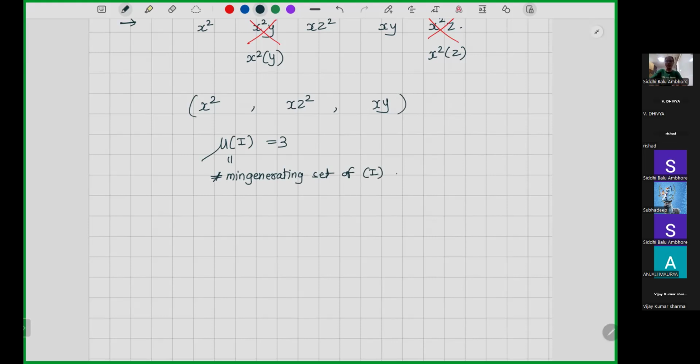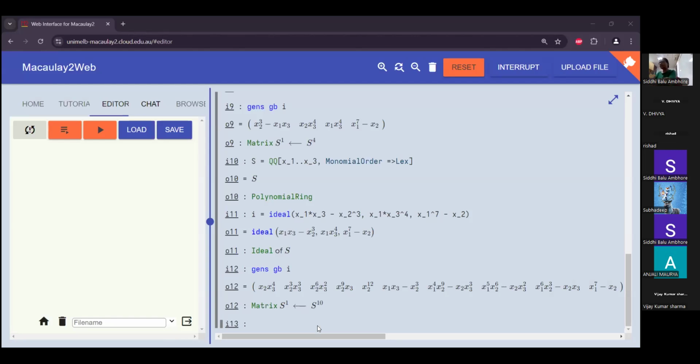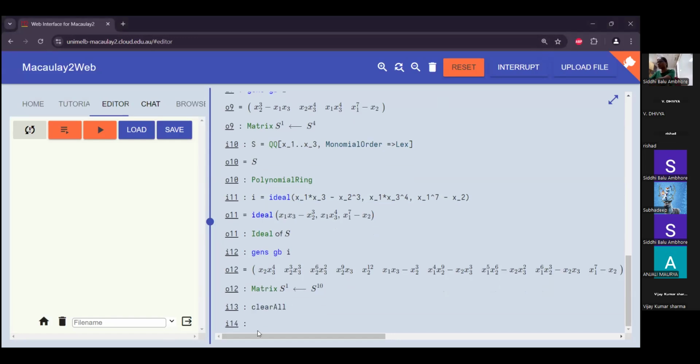And Macaulay 2 also has some functions which we can use to find a minimal generating set. So let me define this ideal. We are in 3 variables anyway. Let me clear everything, and now let us define x, y, and z.